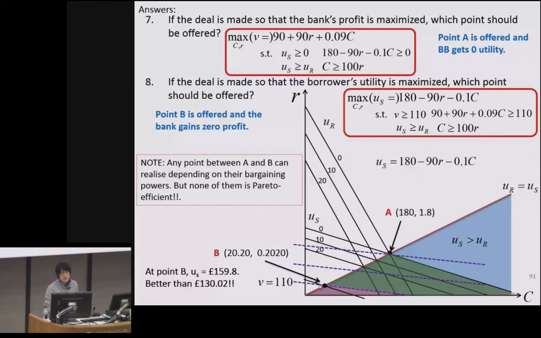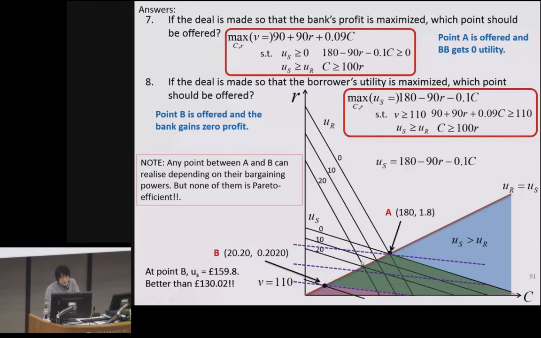In reality, any point between these two points, any point on this segment, can be realized, depending on the bargaining powers of the lender and the borrower. If the lender's bargaining power is large, then the achieved point would be close to A. If the borrower's bargaining power is large, then the achieved point would be close to point B.